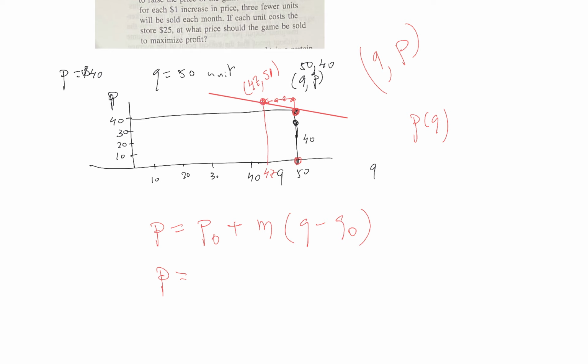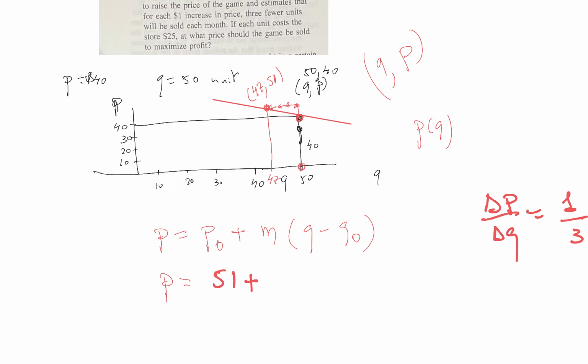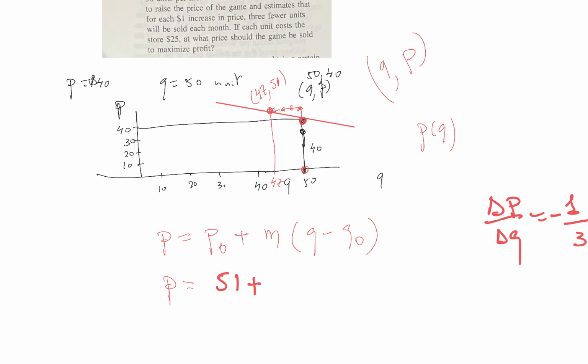What is P0? 41. Plus the slope. What is the slope? The slope is the change in P divided by the change in Q. The change in P is $1, and the change in Q is 3 units, and they decrease the 3 units, so the slope is minus 1/3.